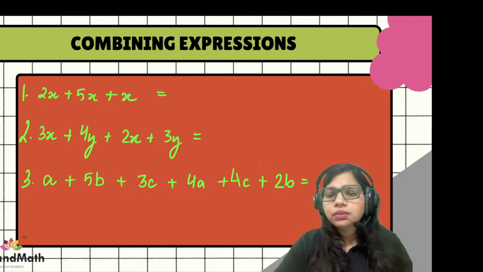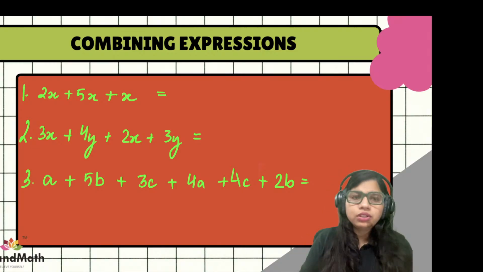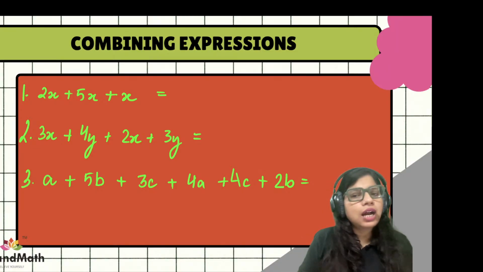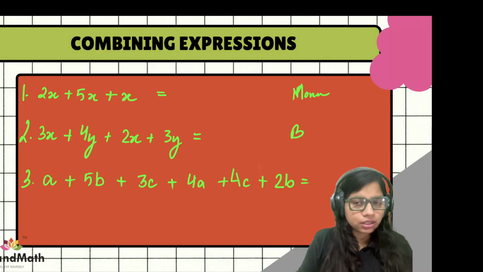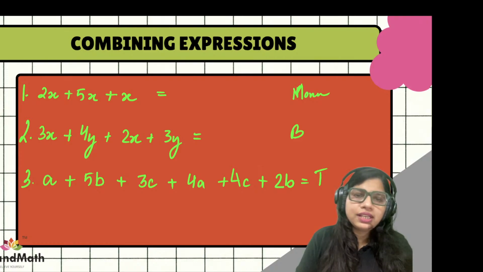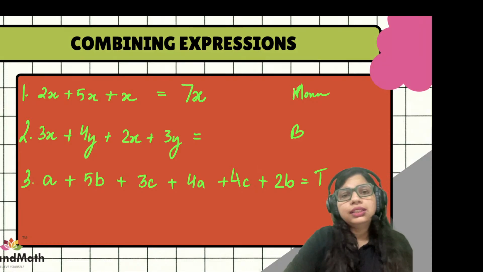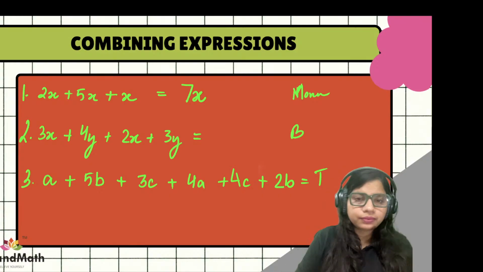So here, let's discuss the answers so that you can get to know. Arsalan says the first one is monomial, that is 100% correct. The second is binomial, and the third one is trinomial. Identification is correct. You said 7x over here, but Advika says 8x.